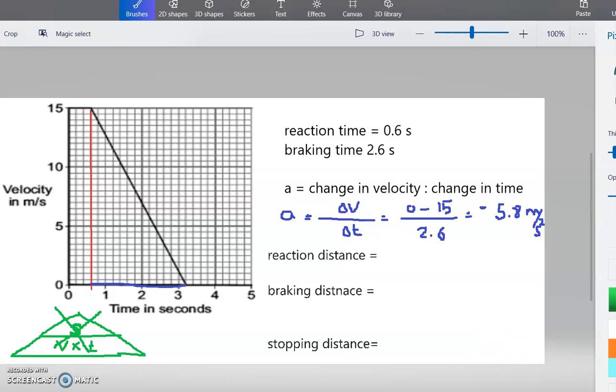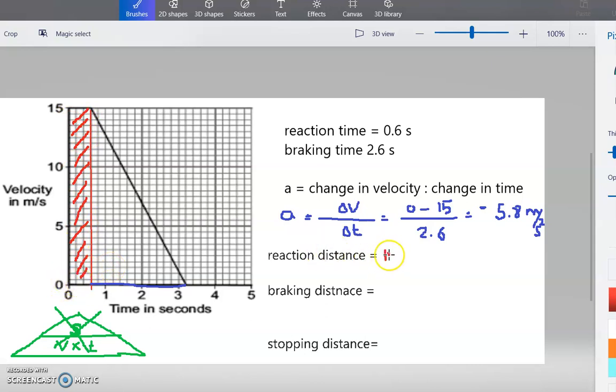area below the graph. So when we have a velocity time graph and we want to calculate the distance, we can calculate the area under the graph. So this part here is related to the reaction distance. So I need to calculate the area of the rectangle here, which is length times width.